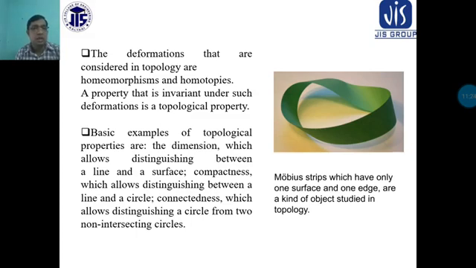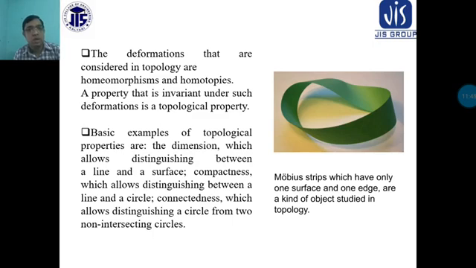Another is compactness, which allows distinguishing between a line and a circle. Connectedness allows distinguishing a circle from two non-intersecting circles.